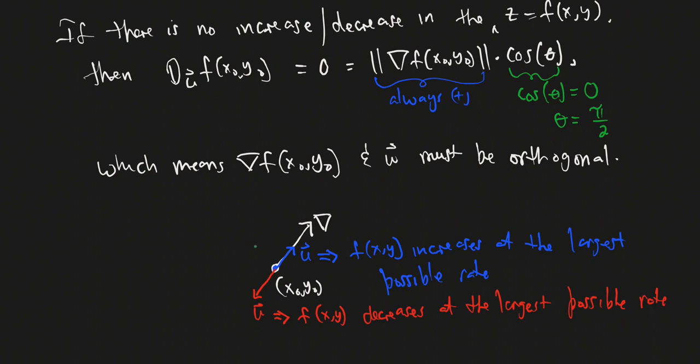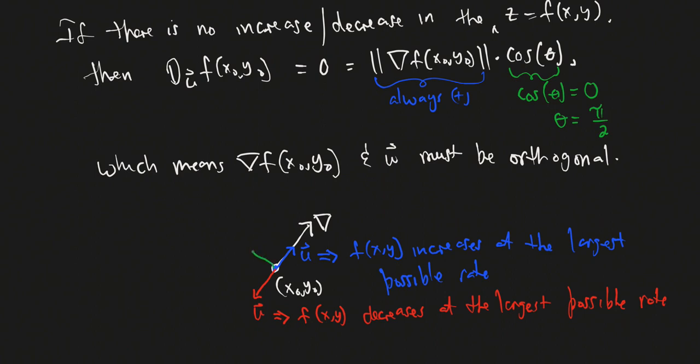If you decide to move in a direction that is orthogonal to my del vector, so notice del is fixed, I'm basically writing down all the different things that we can say now about u.